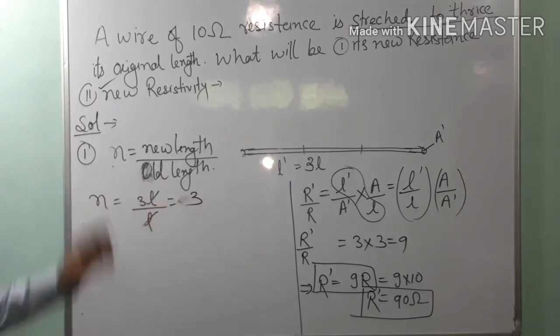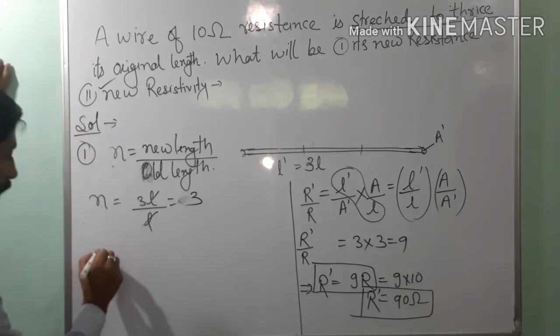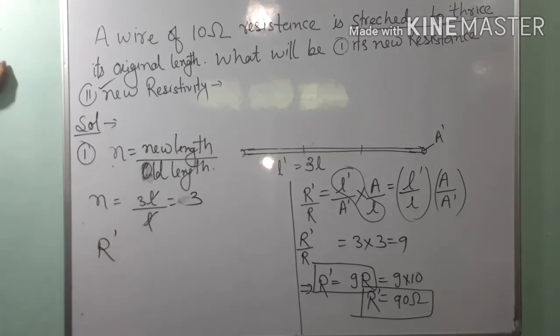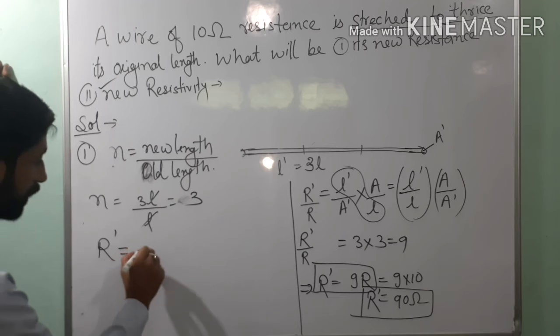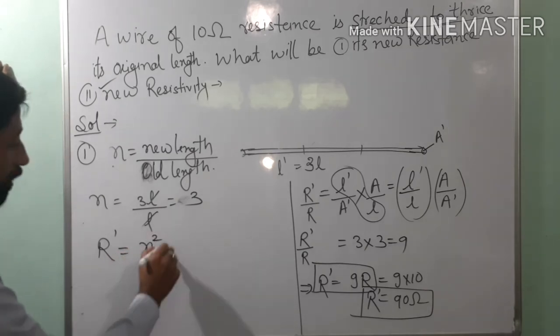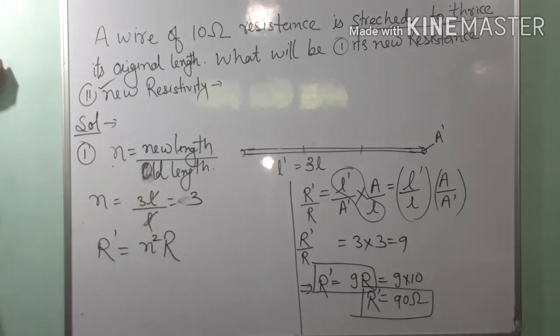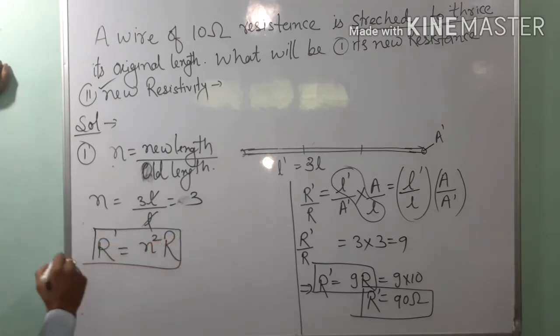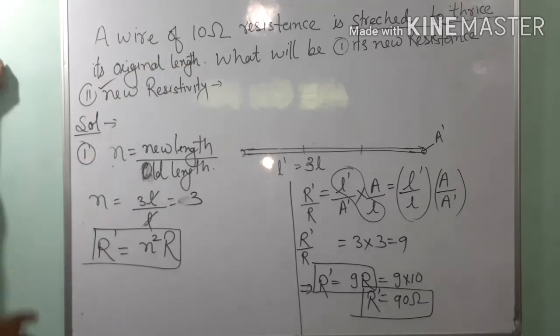3. So here you have to put a simple formula, that is new resistance R dash is equal to N square times the previous resistance or old resistance. This is the formula when we do such types of questions.